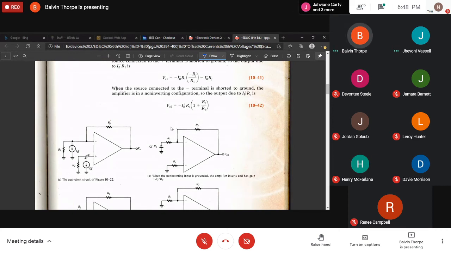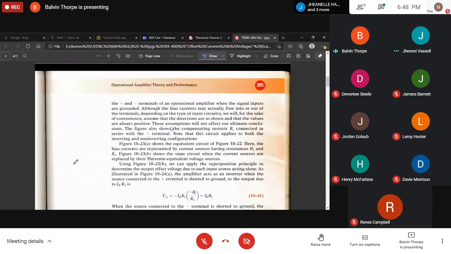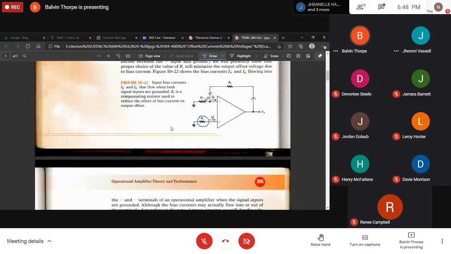What we're doing is having this part of the circuit remain the same as before, and making this part of the circuit a little bit different.